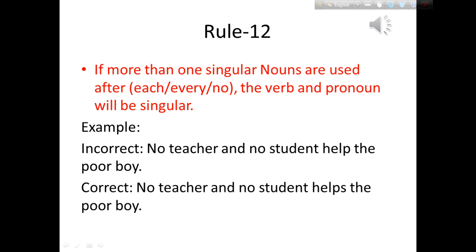The verb and pronoun will be singular. So the verb here is help and the pronoun is the poor boy. So we have to keep them singular. That means no teacher and no student helps the poor boy.